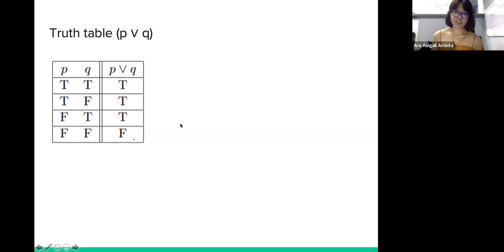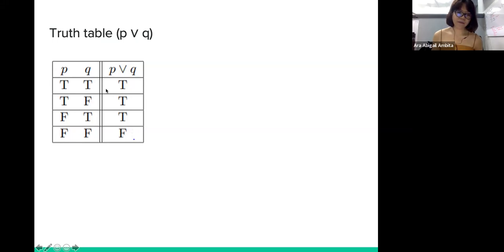So from the definition of P or Q, or the disjunction, this will be true if at least one from the statements P or Q will be true. And it will only be false if both P and Q are false.